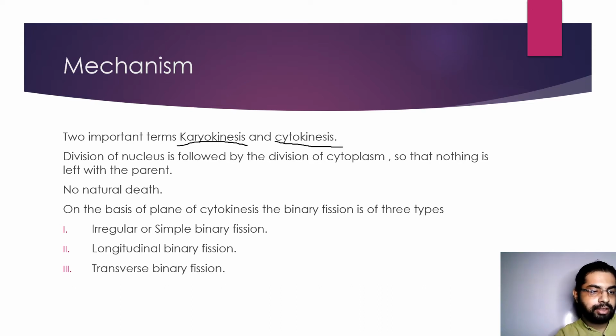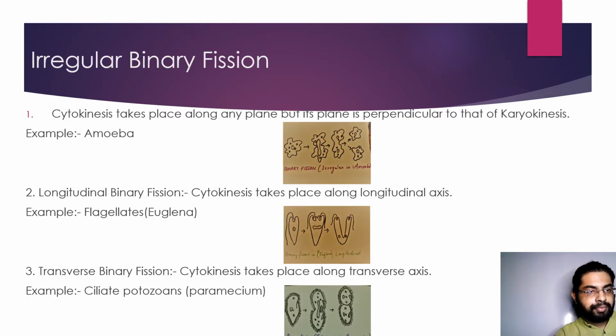On the basis of the plane of cytokinesis, binary fission is of three types: irregular or simple binary fission, longitudinal binary fission, and transverse binary fission. Irregular binary fission: cytokinesis takes place along any plane, but its plane is perpendicular to that of the karyokinesis.